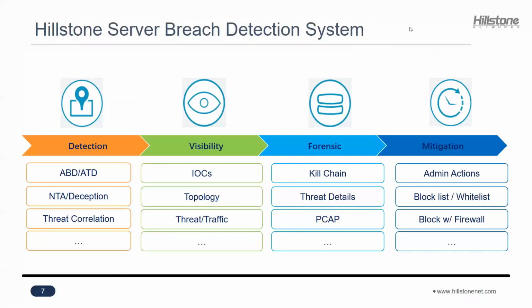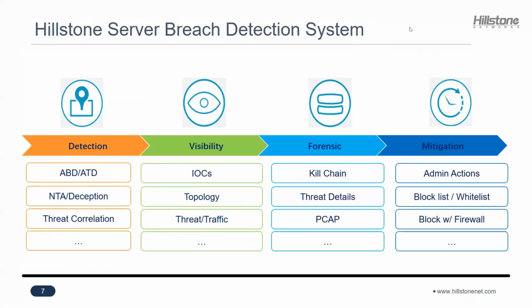There is also a very important feature of this BDS appliance. Since it's deployed in tapping mode instead of inline, it cannot do the blocking or reset directly. So instead, it will send the events or signals back to the firewalls, which are deployed at the network perimeter.